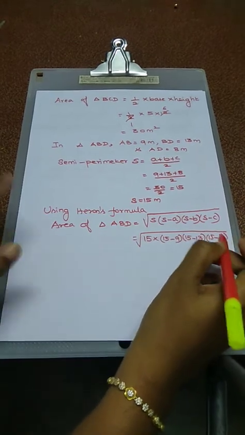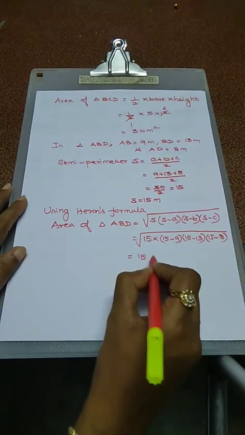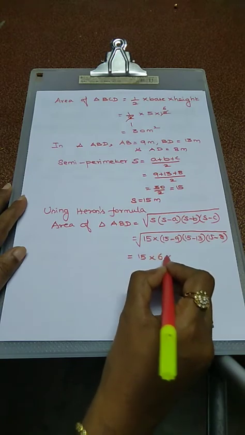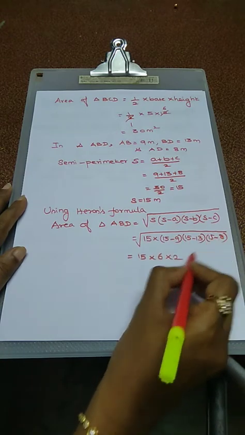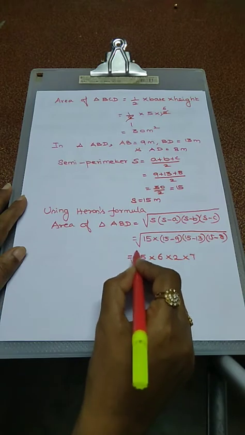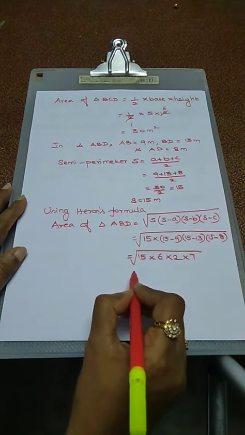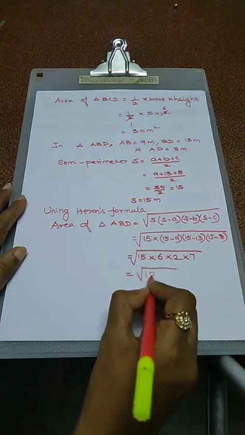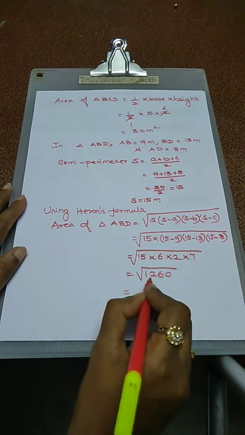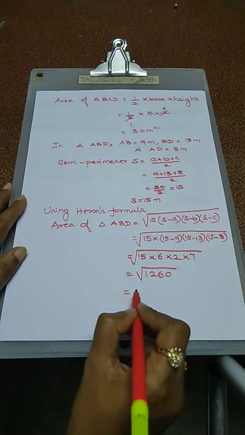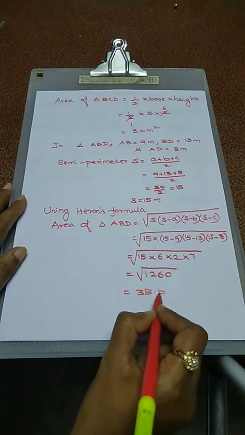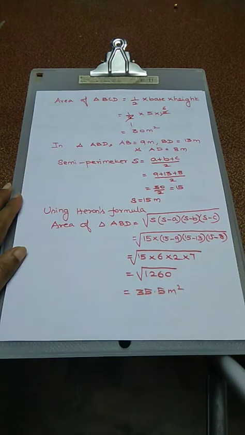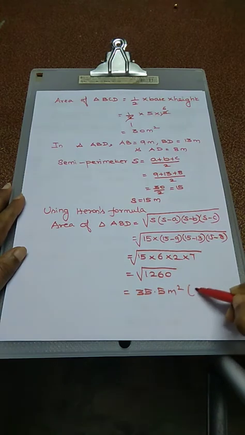Subtracting: 15 minus 9 is 6, 15 minus 13 is 2, 15 minus 8 is 7. Now we multiply the values. We get the square root of 1260. Taking the square root of 1260, the value is approximately 35.5 meter square.